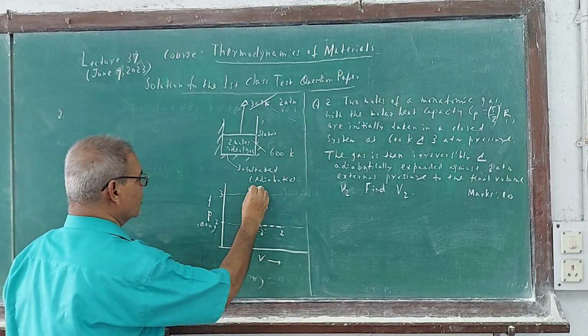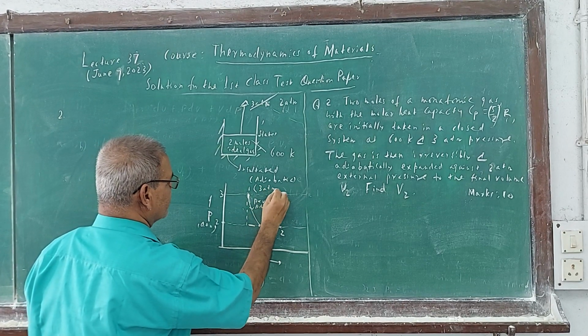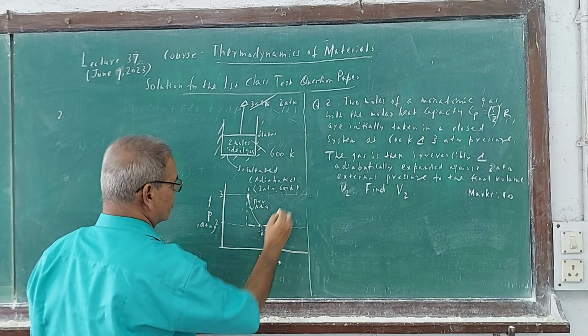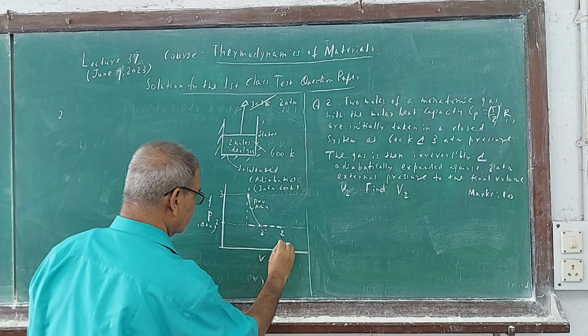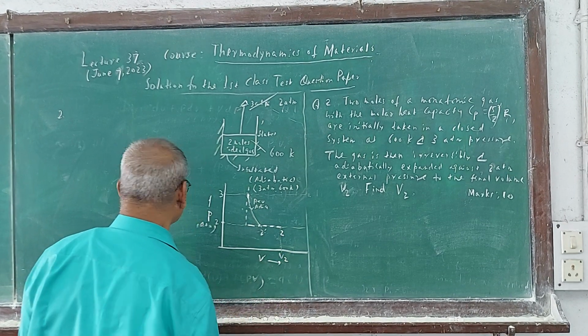State 1 is at 3 atmosphere and temperature 600 Kelvin. Find V2.